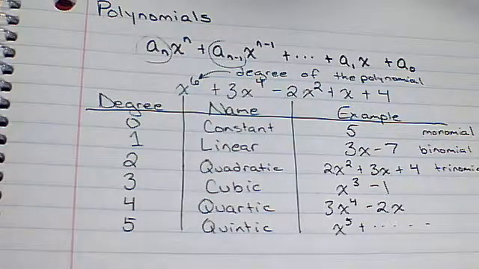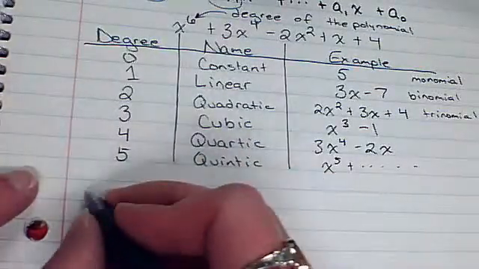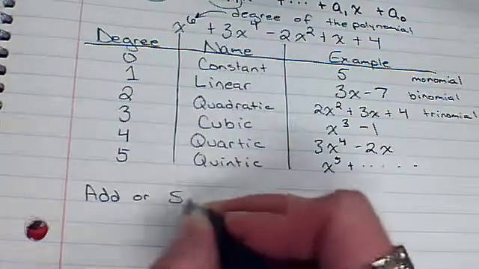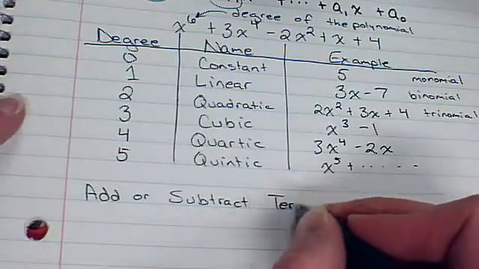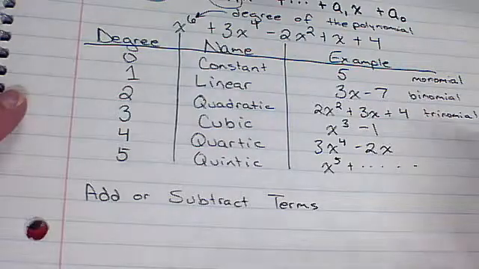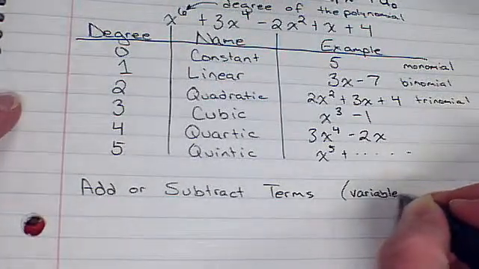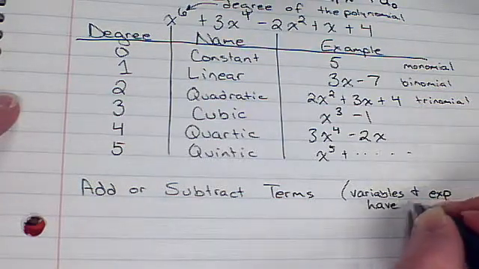So some of the things we need to remember are how to work with each of the terms, especially when we're simplifying polynomial expressions. I just want to remind you that when we were adding or subtracting terms, remember that the variables and exponents have to be alike.